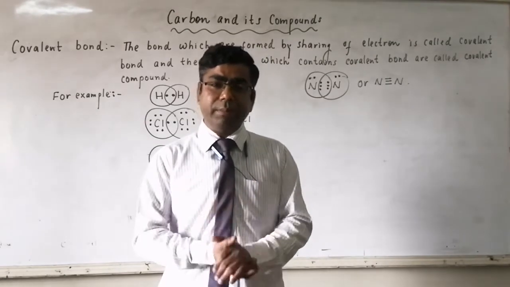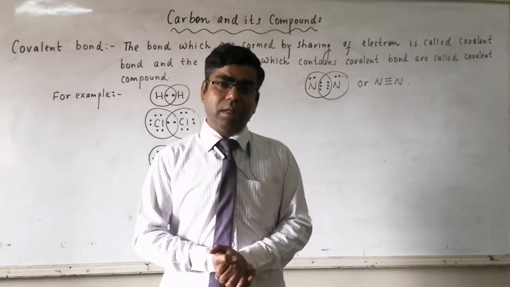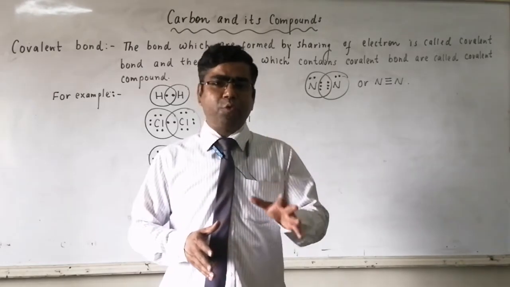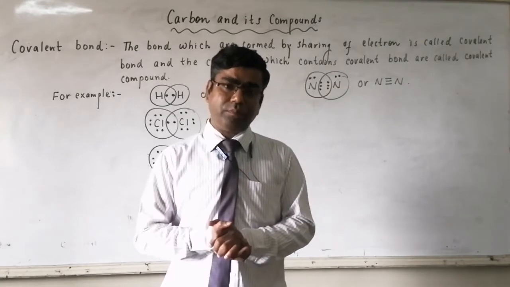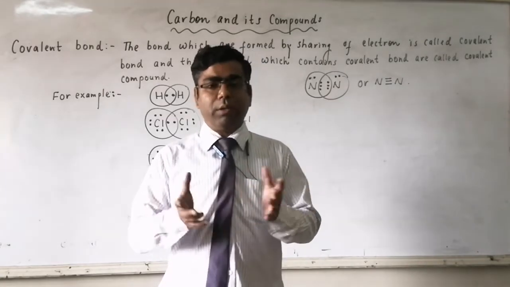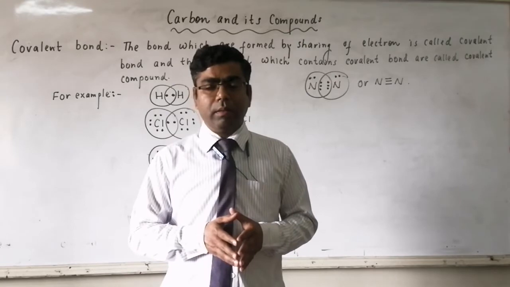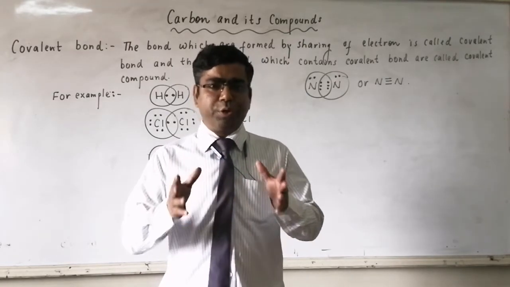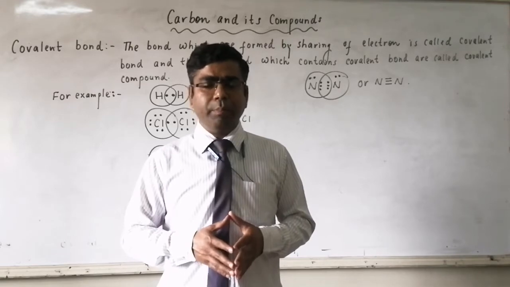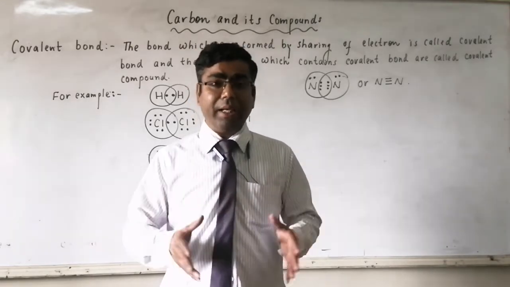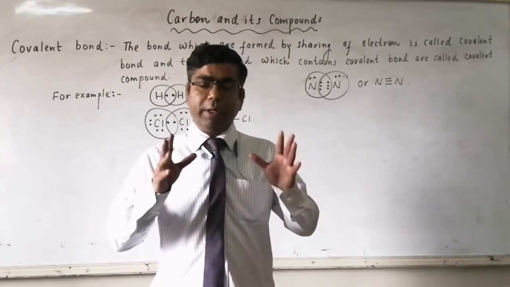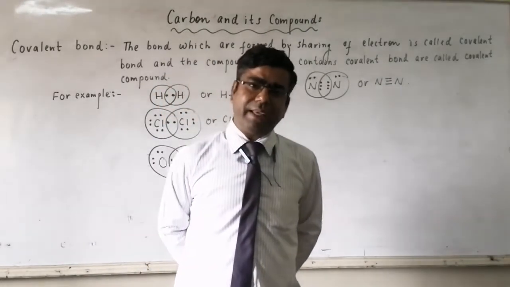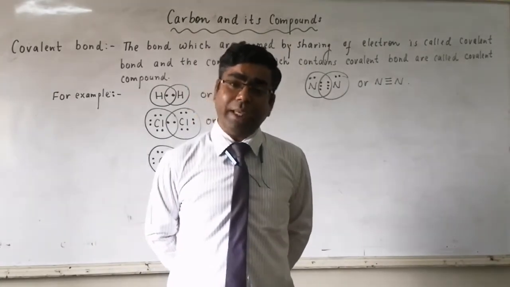Duplet completion tendency means hydrogen wants to have 2 electrons in its valence shell, because the first energy level in hydrogen behaves as a valence shell, and according to the Bohr-Bury scheme, the first energy level can accommodate a maximum of 2 electrons.